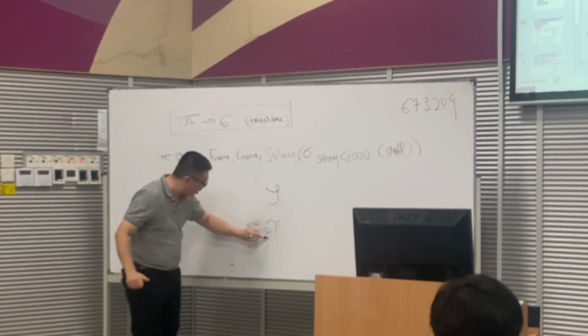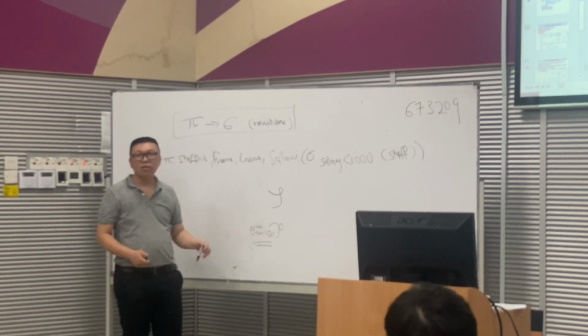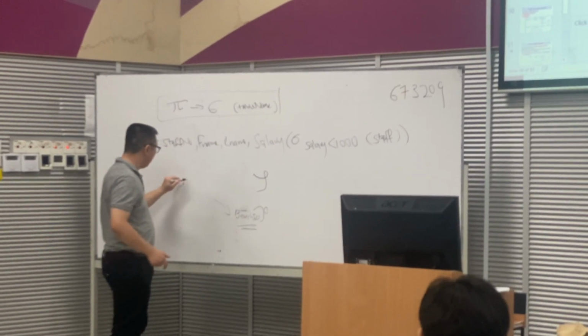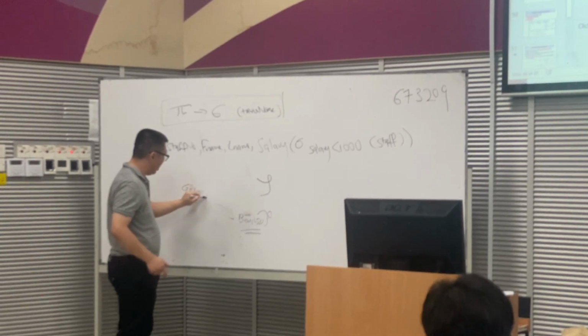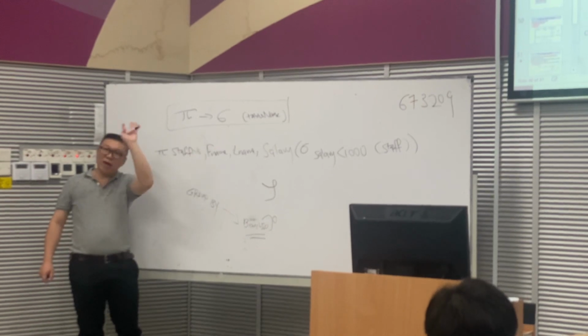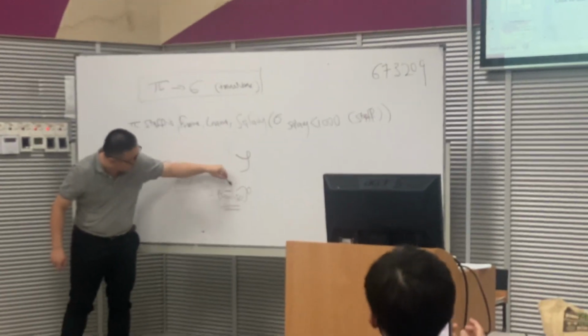If I put something here at the front of this symbol, we call it GROUP BY. In our coding, it is GROUP BY. So this column is in the GROUP BY.